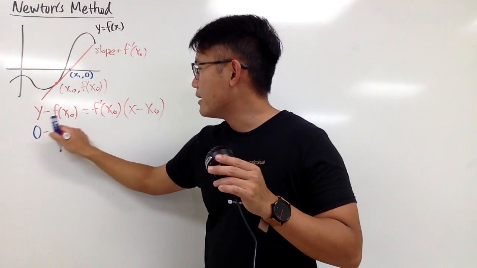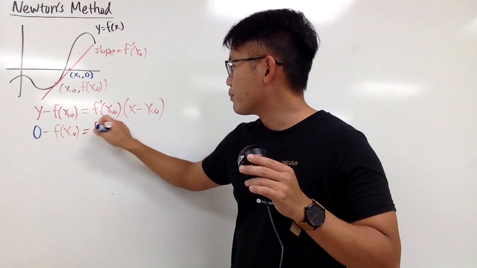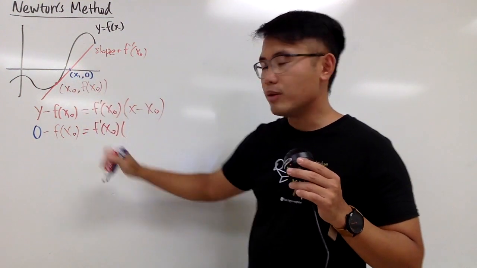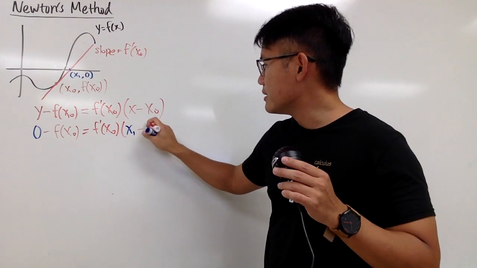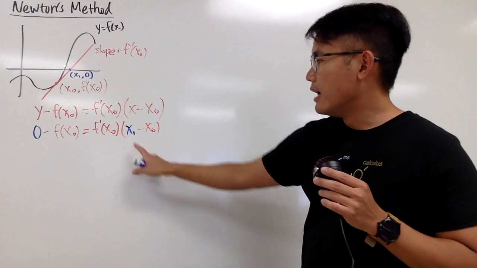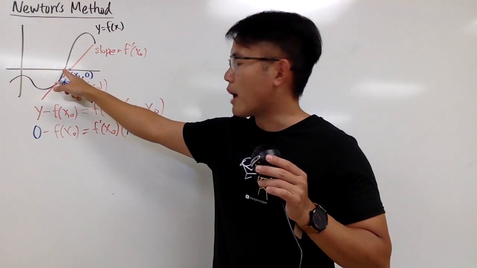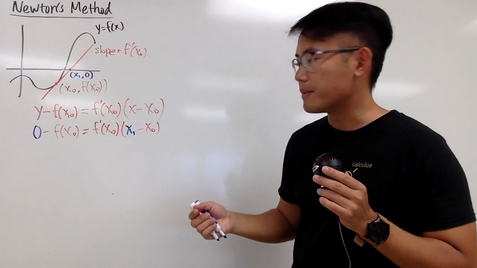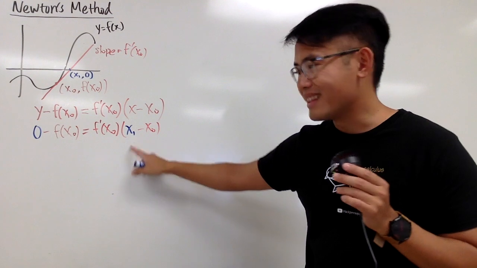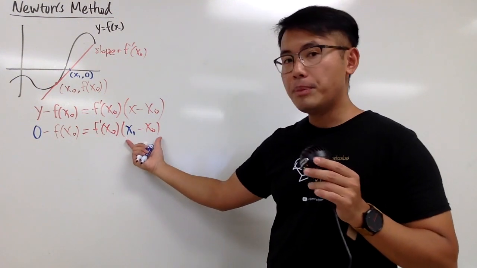So I'm solving for the zero of this line. y is 0, I will put that in right here. And then we have minus f of x0, and this is equal to f prime of x0 times x, which is x1 now, and then minus the initial x value that we have. And the idea is that I care about this x1 because I'm trying to use this to get an approximation for the actual zero of the function. Therefore, let me isolate x1. I can do that easily by dividing on both sides first.